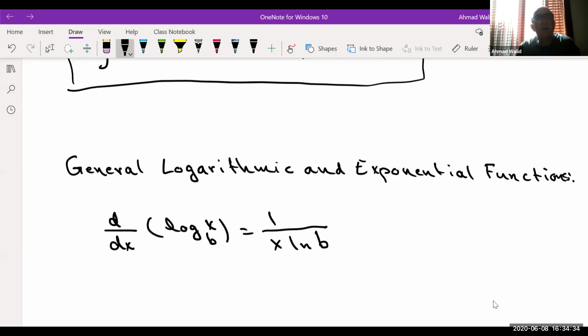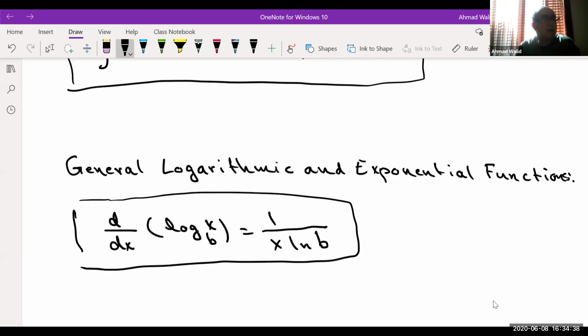That's the formula that I have to memorize, formula number 1. Where does it come from? I'll do a quick proof for you now, and you will learn why the derivative of log x base b is 1 over x ln b.